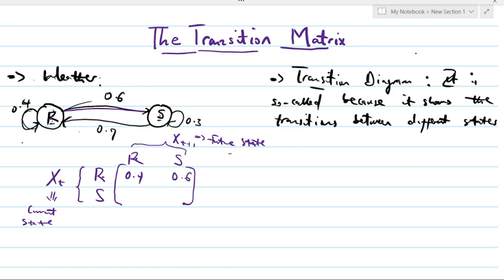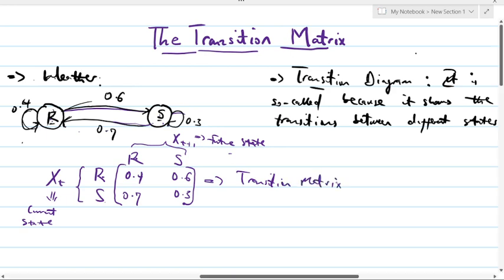If it is sunny, the probability of transiting to raining is 0.7, and the probability of being sunny tomorrow again is 0.3. So this matrix is what we call our transition matrix. A better definition will be given as we continue.